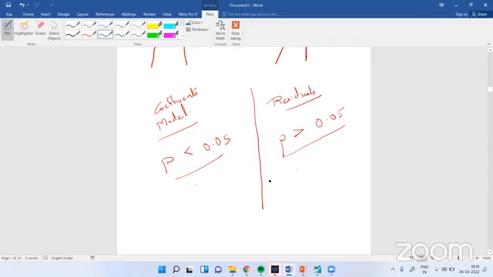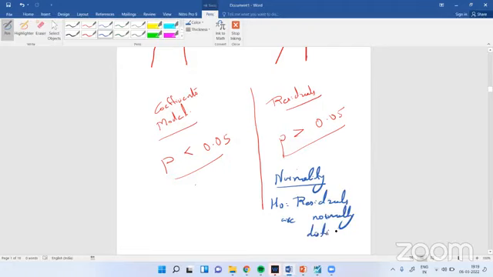So if I am running the test of normality, my null is residuals are normally distributed. And therefore, desirable is p-value should be more than 0.05 and we accept null.